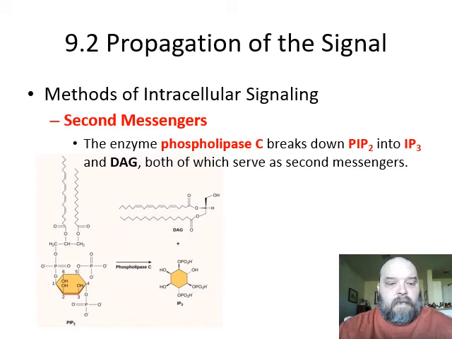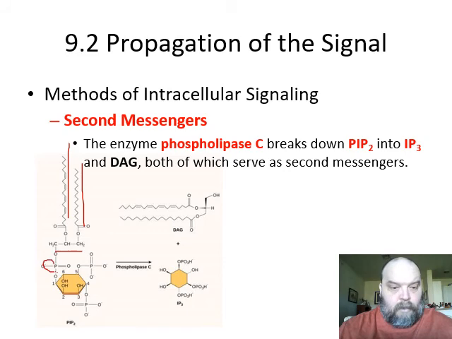Another one we're going to see in use is IP3 and DAG. What happens is, you see here, 2 fatty acid chains, 3 carbon. 3 carbon means glycerol. Glycerol, 2 fatty acid chains, so that means it's a phospholipid. Here's the phosphate. Attached to the phosphate is some other group.